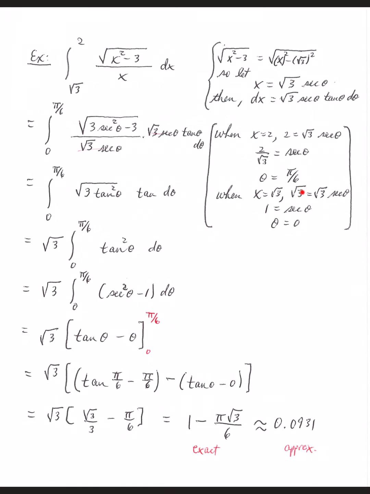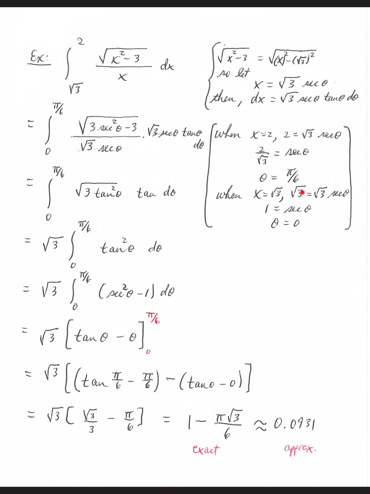That becomes tan theta times this tan theta is tan squared theta. D theta drops down. Since tangent squared can be written as secant squared minus 1, that makes it easier to find the antiderivatives. The derivative of tangent is secant squared. The derivative of theta is 1, so it makes sense that these are our antiderivatives.